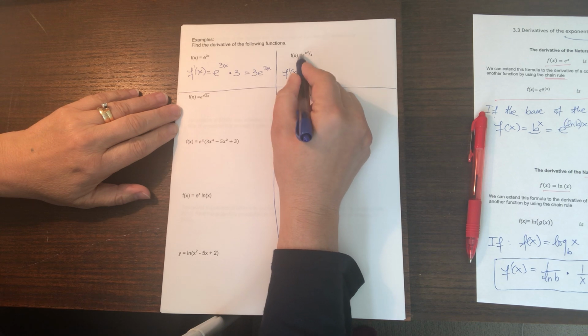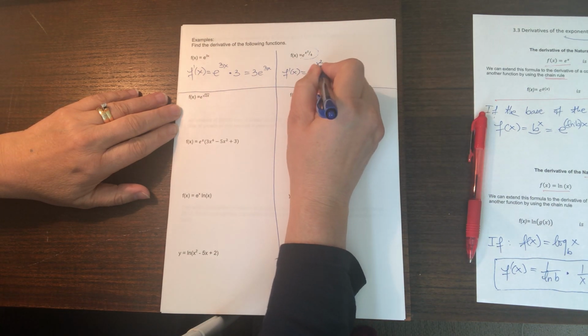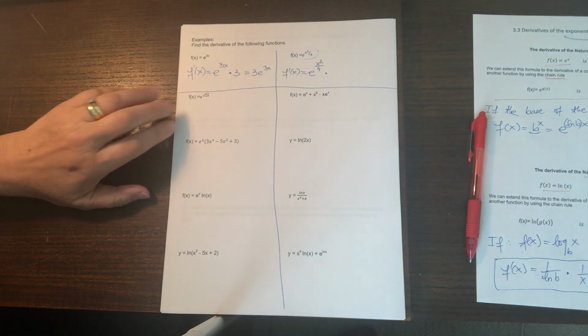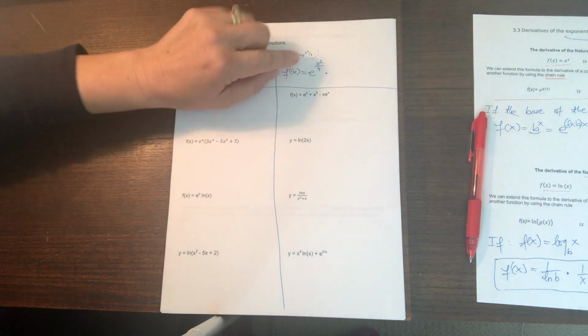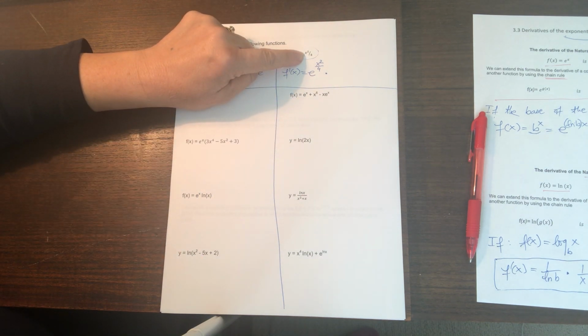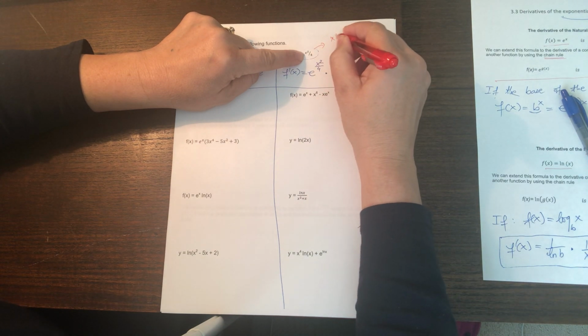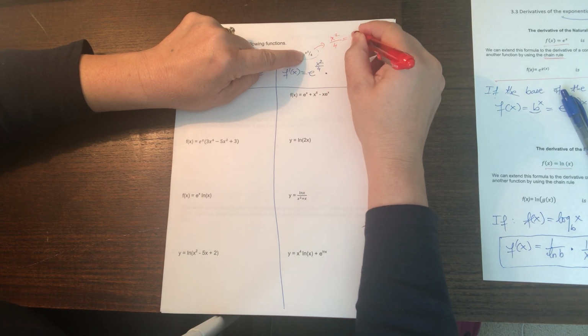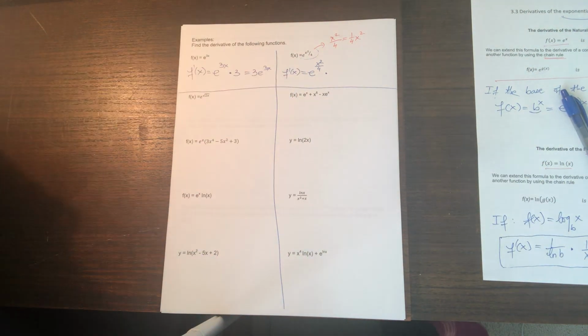So let's try this. Again, it's an e to some kind of power, so we'll just keep it the same, times, move in and take the derivative of that power. What is the derivative of x squared over 4? Remember, you can look at x squared over 4 simply as 1/4 times x squared. The over 4 is really a 1/4 coefficient.